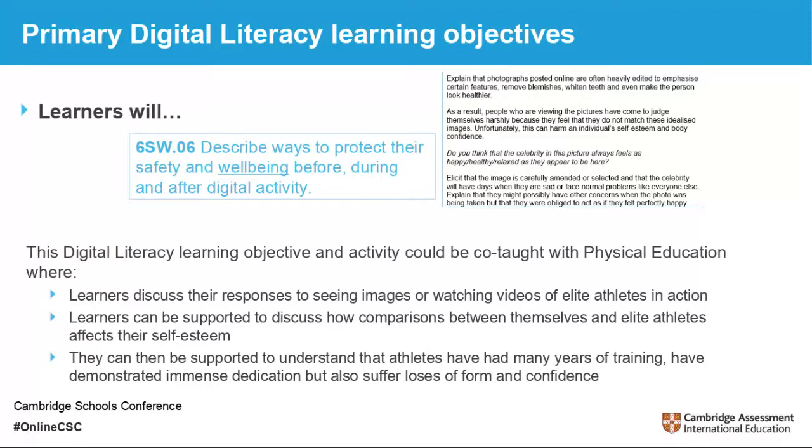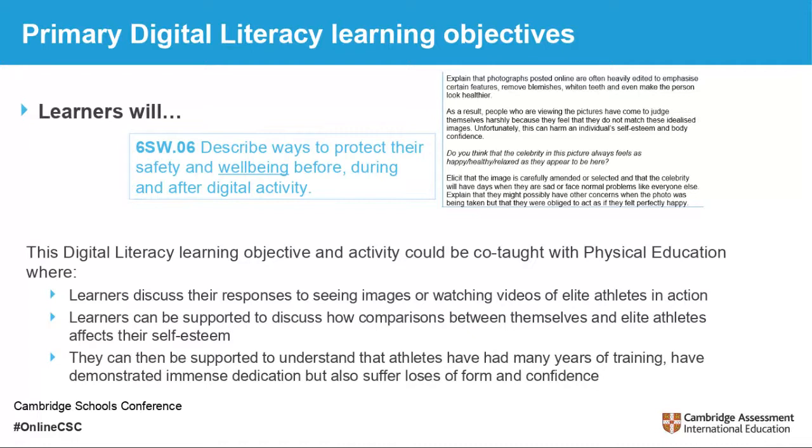They should be supported to understand that elite athletes have had many years of training and have demonstrated immense dedication to their particular sporting activity. Learners will also benefit from acknowledging that those athletes are all human beings who also suffer from losses of both form and of confidence.